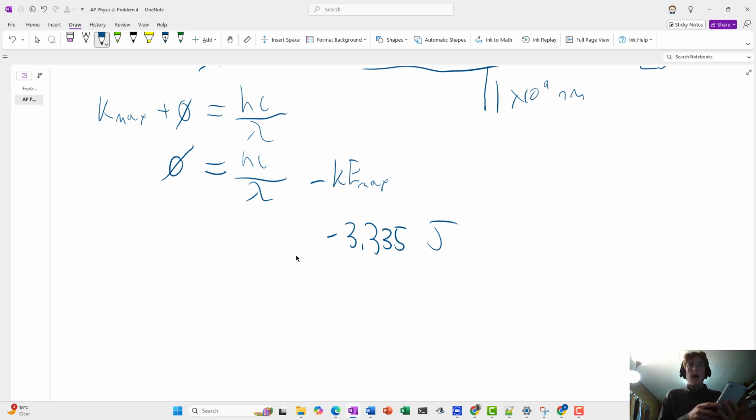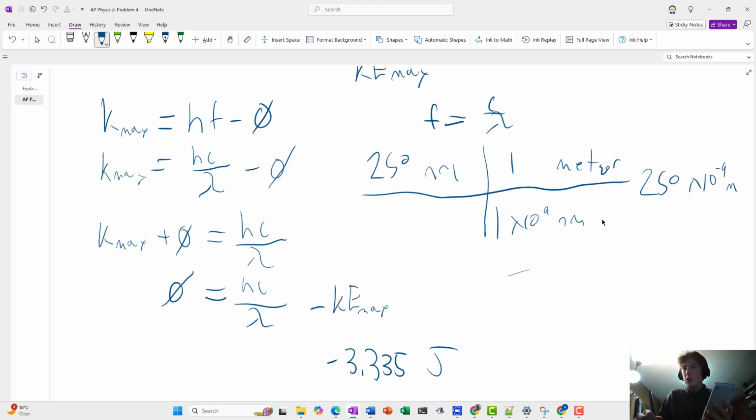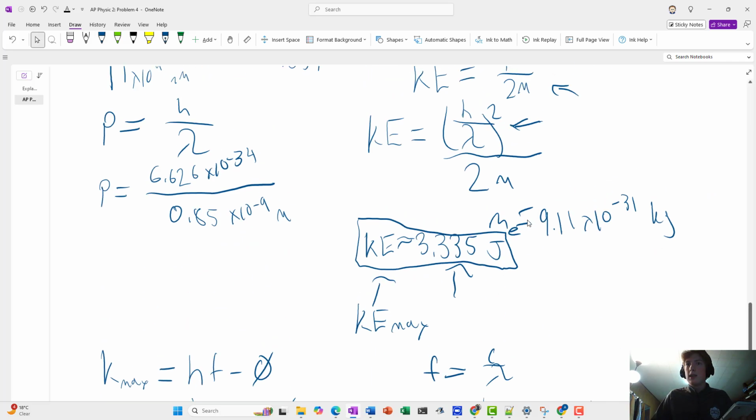lambda. So our Planck's constant is 6.626 times 10 to the negative 34. And then we'll multiply this by the speed of light, which we know is 3 times 10 to the 8th. And then we'll divide this by our wavelength, which is, as we found here, 250 times 10 to the negative 9.